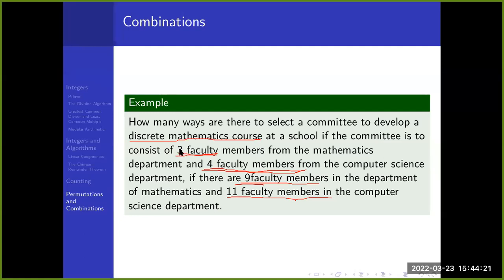So we must pick 3 out of 9 from mathematics and 4 out of 11 from computer science.